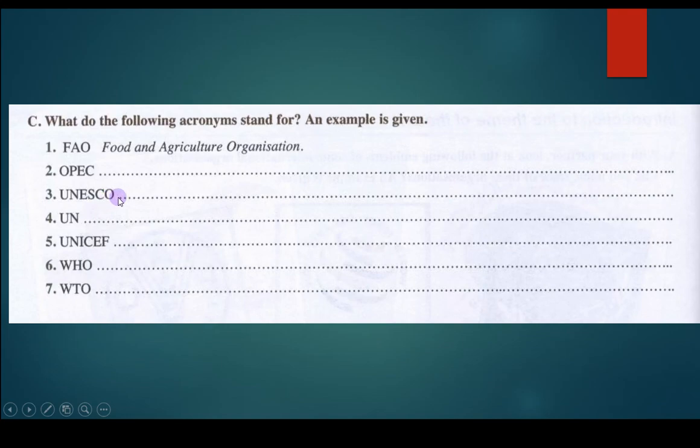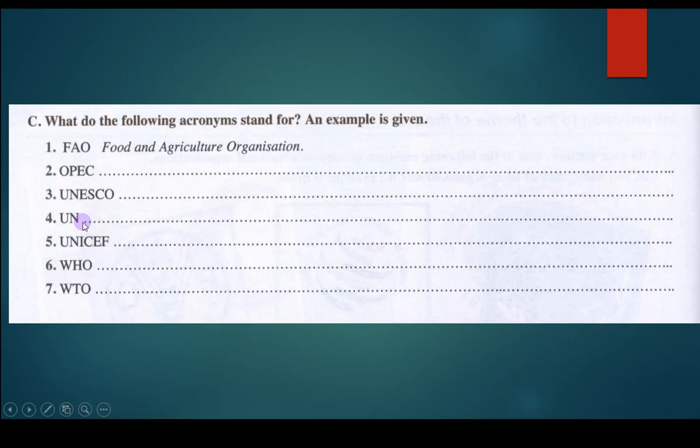UNESCO means the United Nations Educational, Scientific and Cultural Organization. أي منظمة الأمم المتحدة للتربية والعلوم والثقافة.